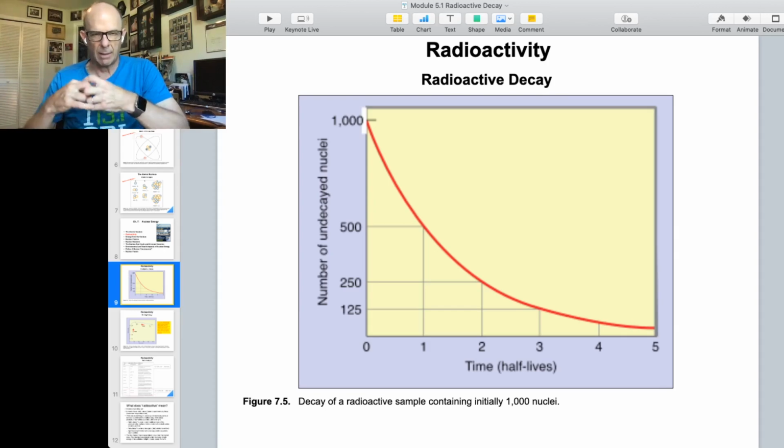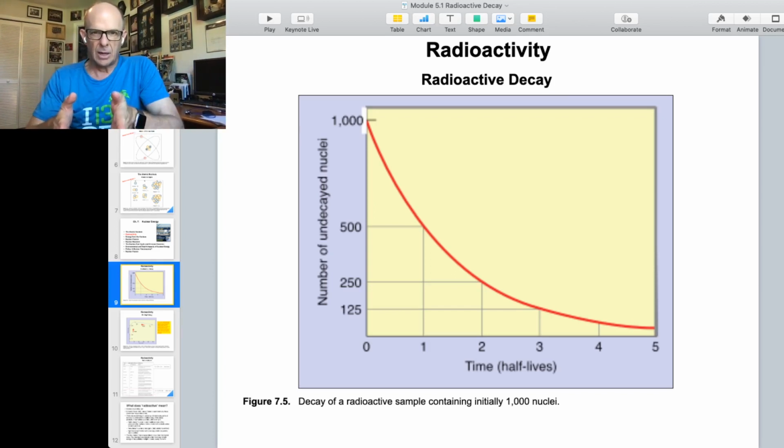And we'll talk about what happens in the decay a little bit later. But that would mean that after 1 year, I would have 500 left of the original radioactive atomic nuclei unchanged, but the other 500 would have decayed into some other products. They would have broken apart and become something else.